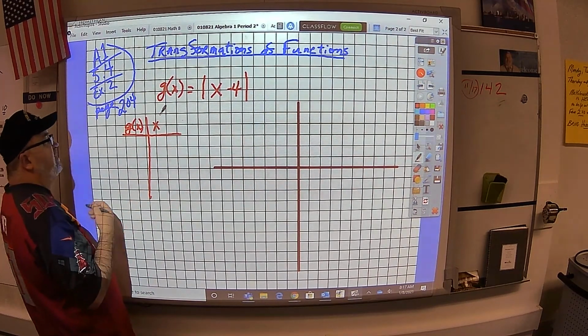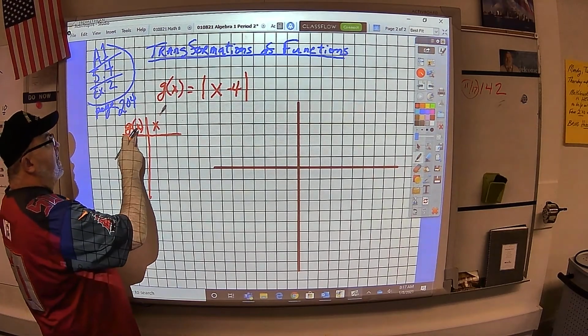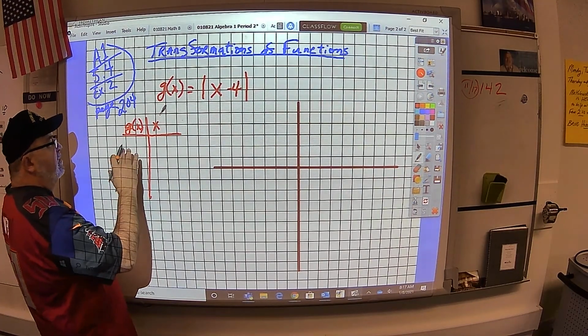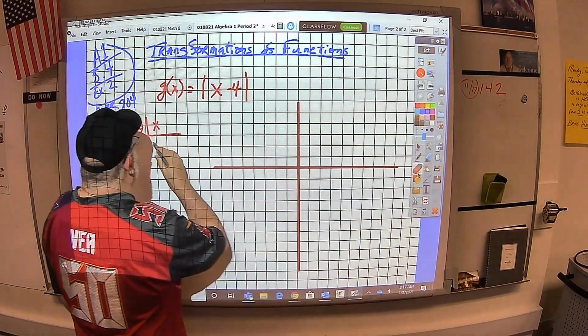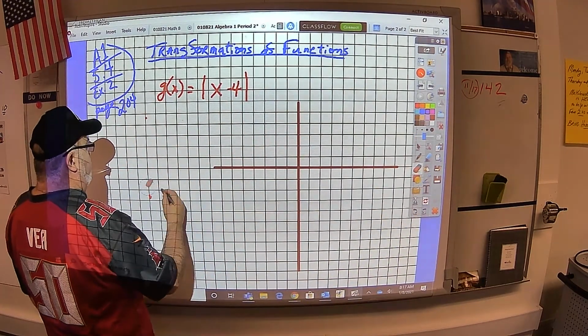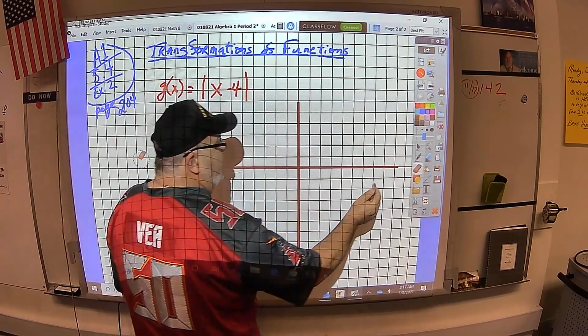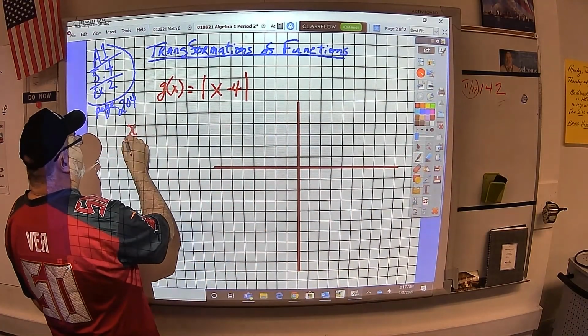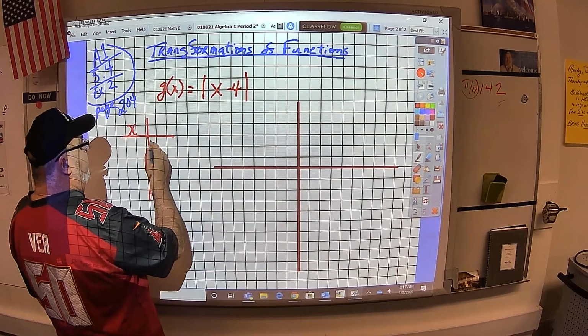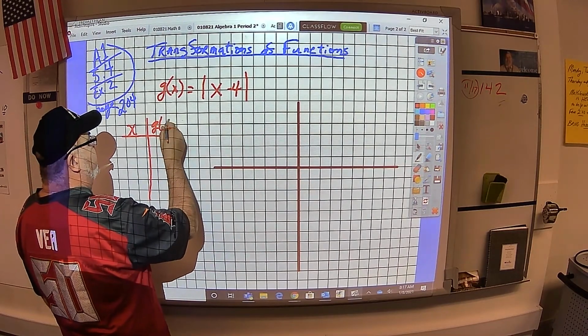We would have x on one side of our table and g sub x on the other.